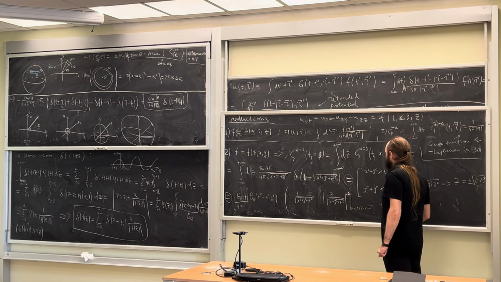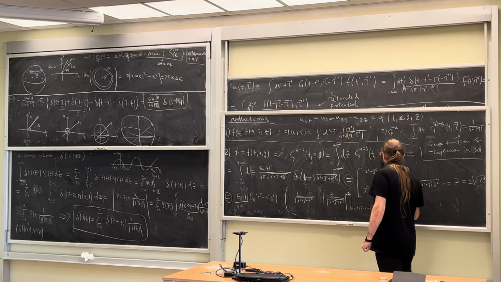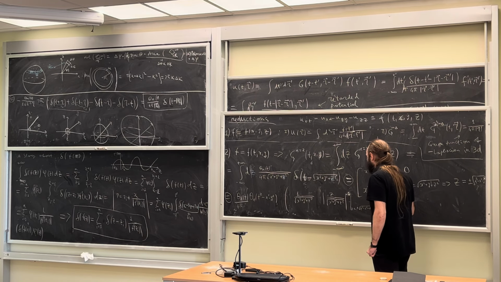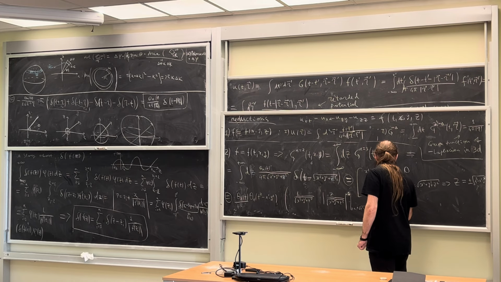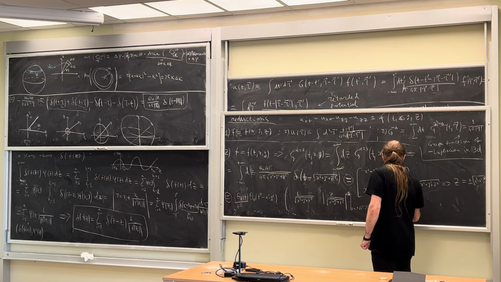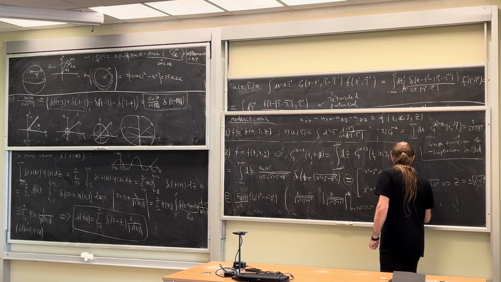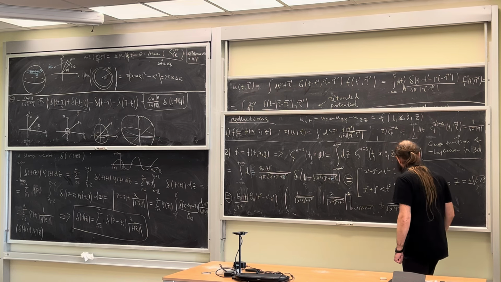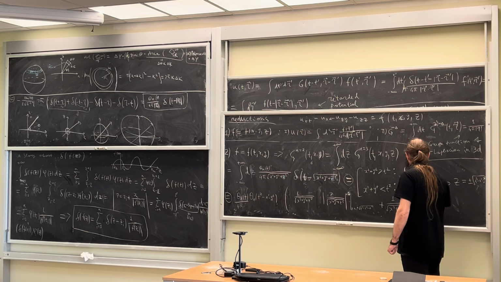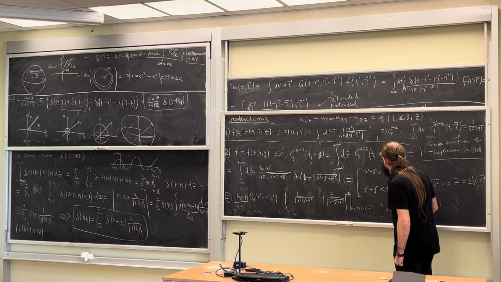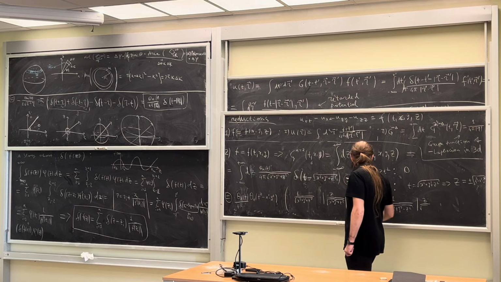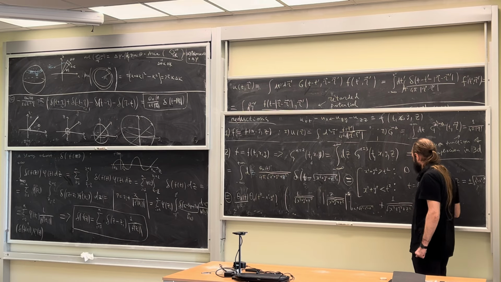And we have another contribution from another root: 1 over the square root of x squared plus y squared minus z squared, times plus z squared.